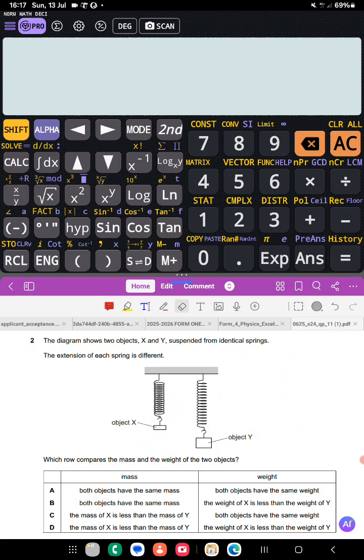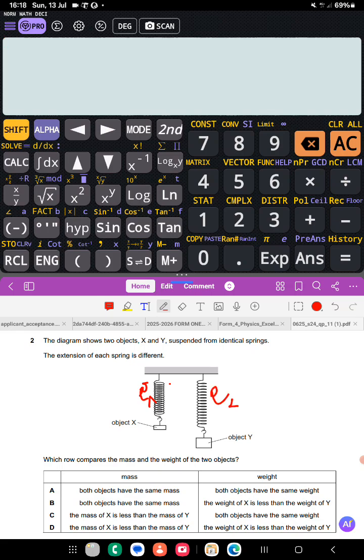Compared to X, this has a smaller extension. Let's call this extension 1, and this one extension 2.